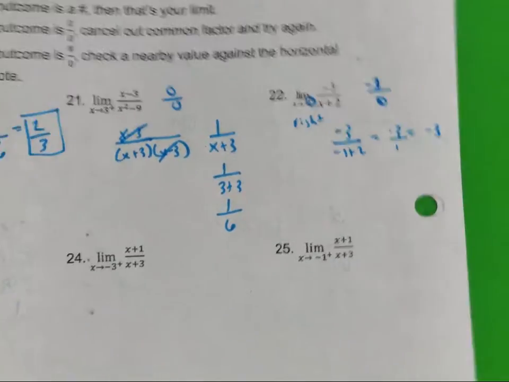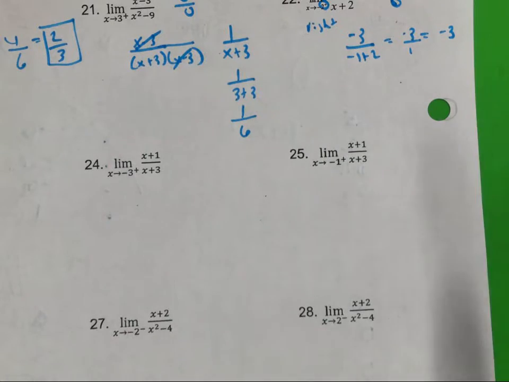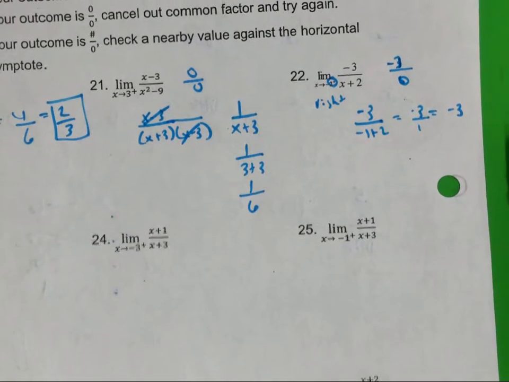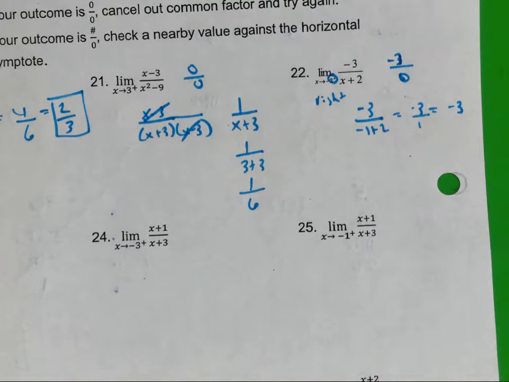When you have this scenario, guys, some number over 0, it's going to be going to a positive infinity or negative infinity. That's going to be your answer, okay? If you have a number over 0, that means it's going to some type of infinity. This is how you use your answer to predict. Here, we came to a negative value, didn't we? That means it's going to negative infinity.